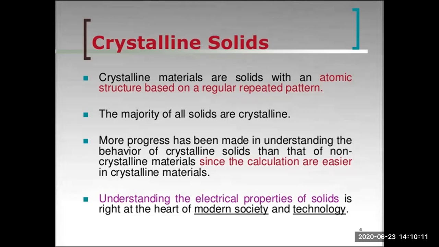Whatever the structure is, the pattern is unique. However large the material is, it is a single pattern everywhere, throughout the whole solid, whatever the size, but the atomic structure is a regular repeated pattern. That's why this is a crystalline material.